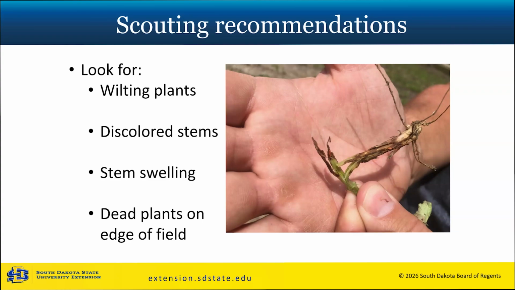Look for that discoloration instead. And then, of course, those dead plants on the edge of your field. That's what we look for. If we see wilting, dead, dying plants on the edge of the field, that's a good indication that you have gall midge. There are diseases and things that could look like that as well. That's why it's important to get out and look at those soybean plants to really know what it is.